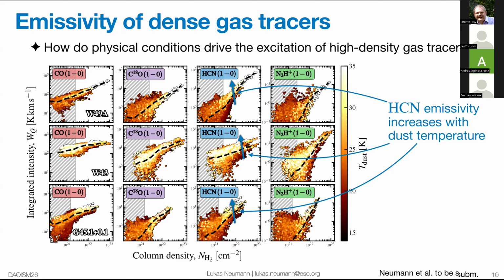This could be a sign that the HCN emissivity is affected by other effects, such as infrared pumping. I'm pretty sure that one of the next talks will discuss this in a bit more detail. But this shows us that HCN is not only driven by the column density, although that's the strongest effect, but that the temperature can have a secondary effect on the emissivity, which is stronger than for other tracers.